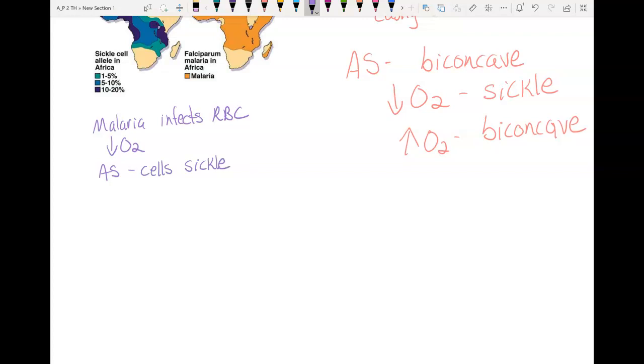But the parasite is inside this cell that is sickling. When the cell sickles, it kills the malaria parasite. Now you don't have malaria. And your oxygen goes back up, so then your cells return to biconcave disc.